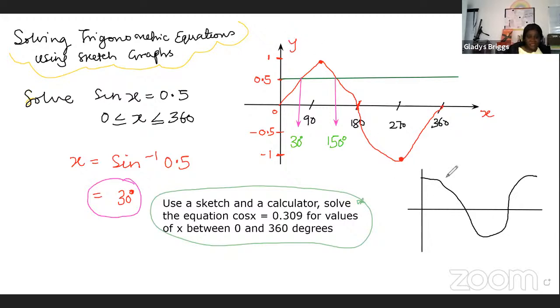Oh, this is the worst graph ever that I drew.